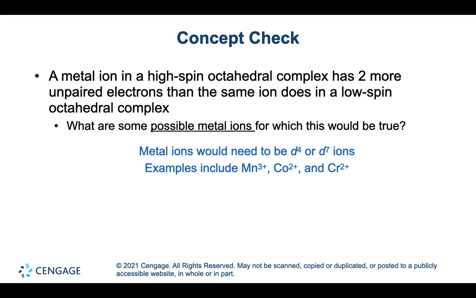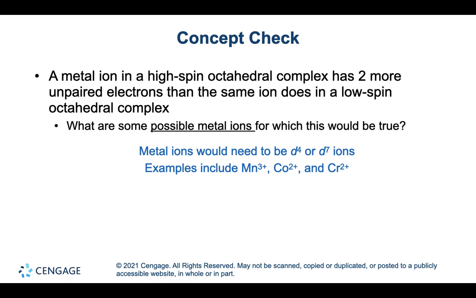So d4, you would have all 4 unpaired in the high spin case, and then a pair and 2 individuals in the low spin case. And so d4 would be an example.